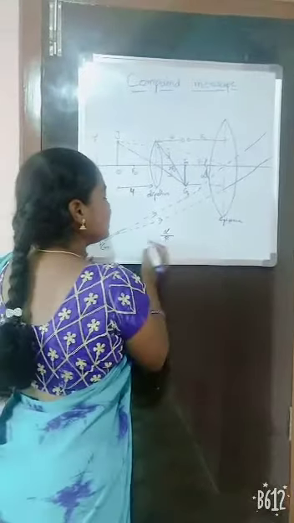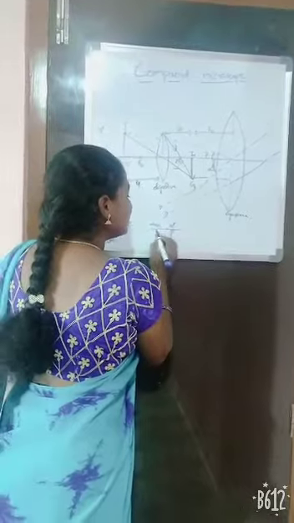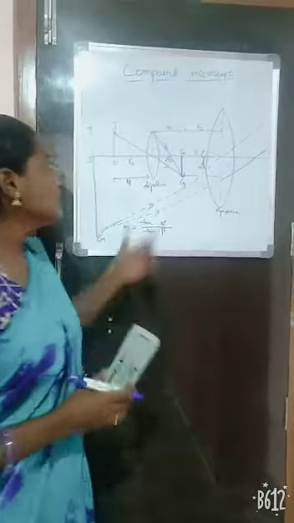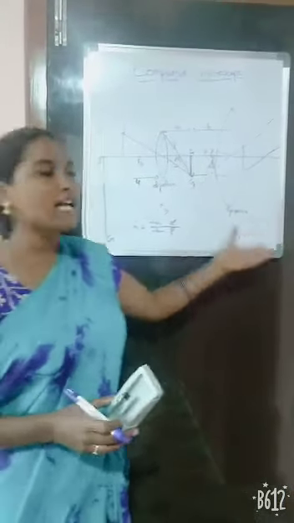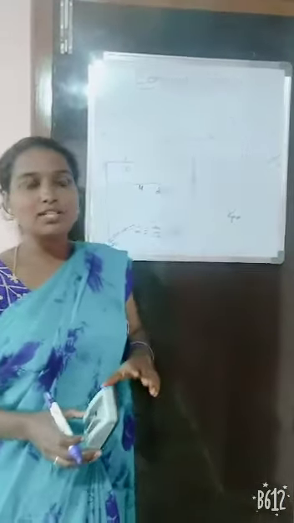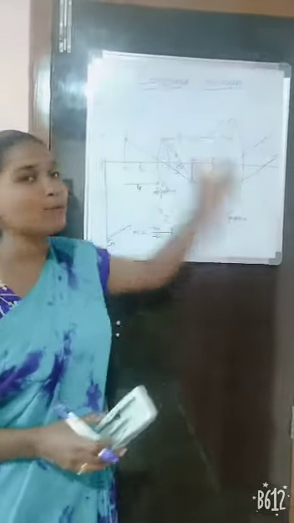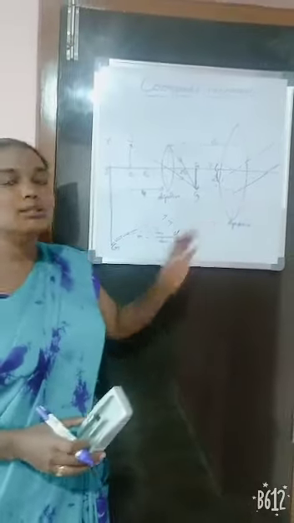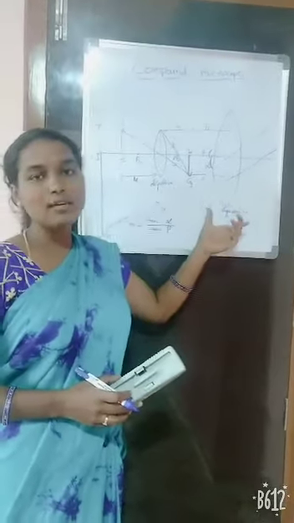In terms of tan, you will get tan alpha by tan beta as the magnifying power. For the objective you have a separate magnification power, and for the eyepiece you have a separate magnification power. To find the total magnification power of the compound microscope, we have to derive them separately and combine the magnification powers of the two convex lenses.